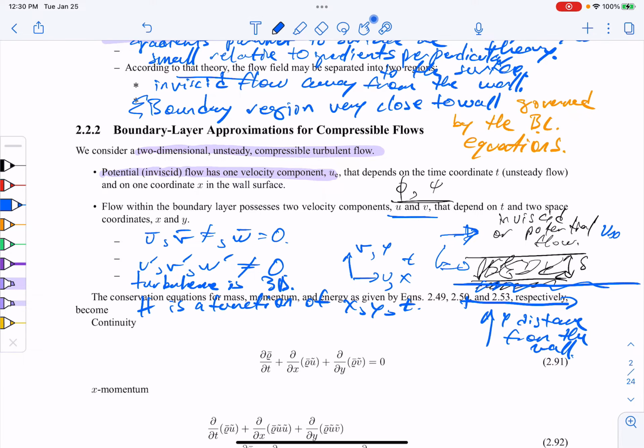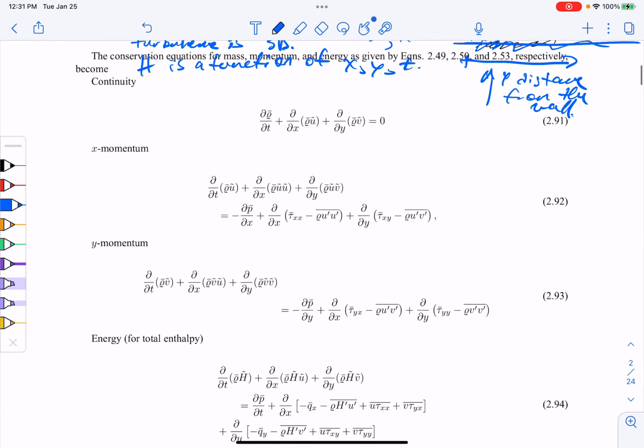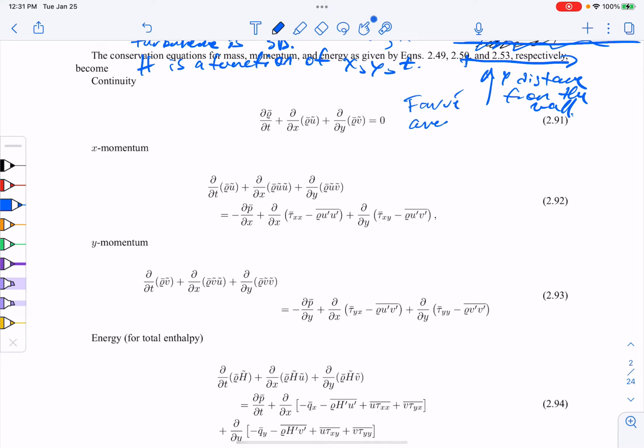So making these assumptions and applying them to the equations I showed at the beginning of this chapter, we're going to have continuity again, and this is again with Favre averaging. Same definitions, right? So tilde is mass-weighted, and a bar is Reynolds, that's time averaging.